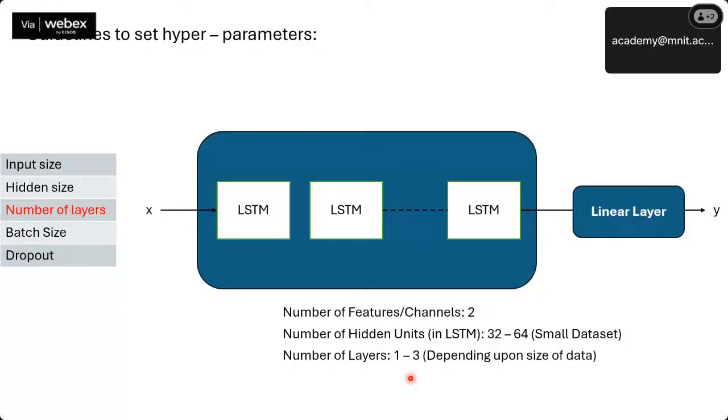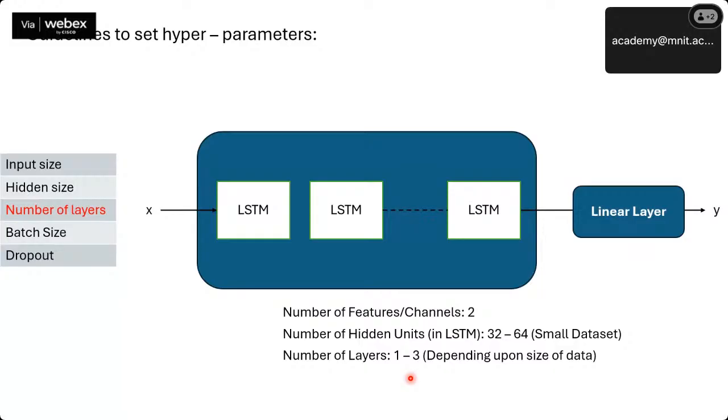Unlike in CNN, where you had to worry about what kind of pooling operation you want and what kind of activation function you wanted, in RNN you only have to worry about the input size and hidden size, and that will depend upon your data set.